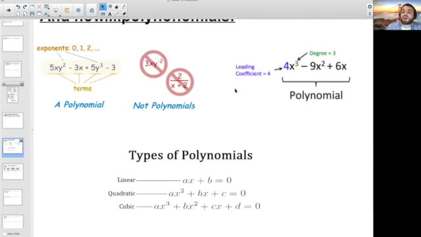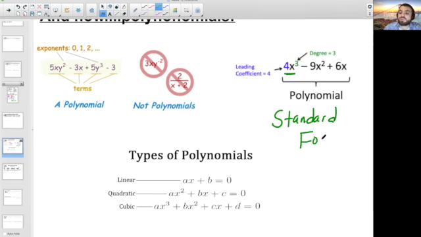So, important terminology. We tend to order polynomials from the biggest power of x to the smallest power of x. The biggest comes first, the smallest comes last. This is what we call standard form, where it's arranged biggest to smallest power.